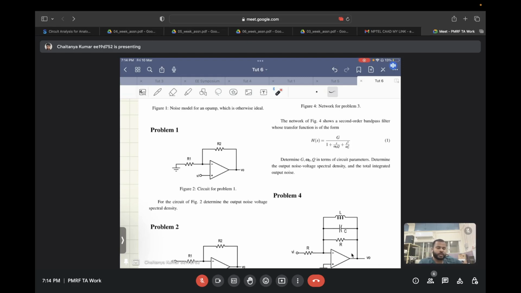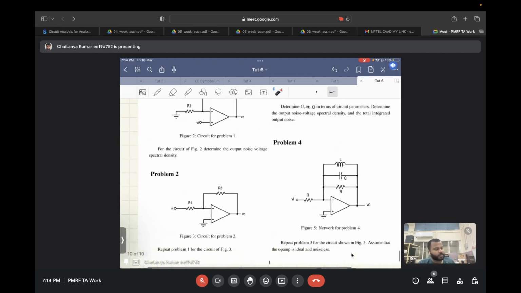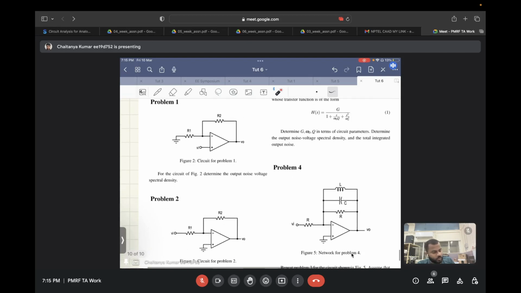No, you have to include all the noisy elements, and both the resistors are noisy elements. For problem 2, only R1 will be included also? No, why? Here also you need to find the output noise voltage spectral density. It's a routine procedure. First you will find the noise due to R1.